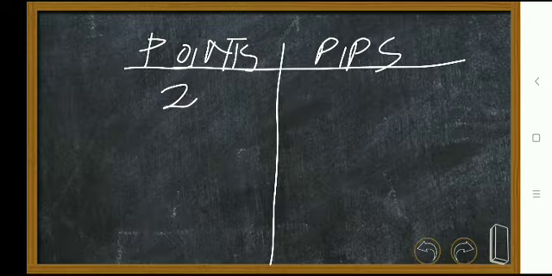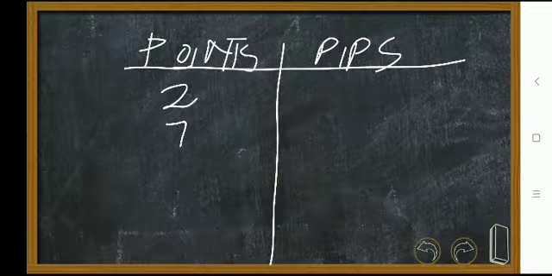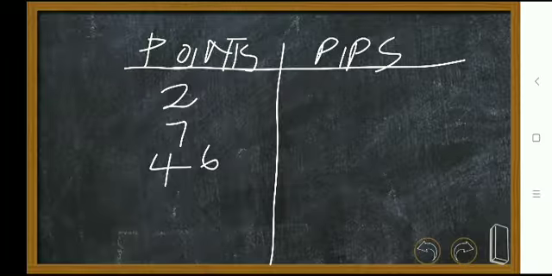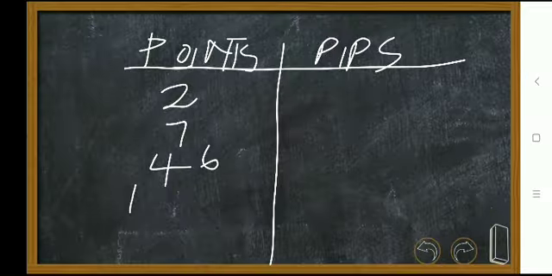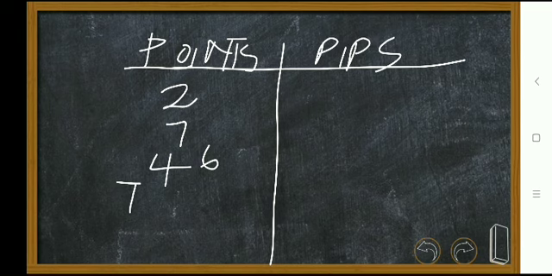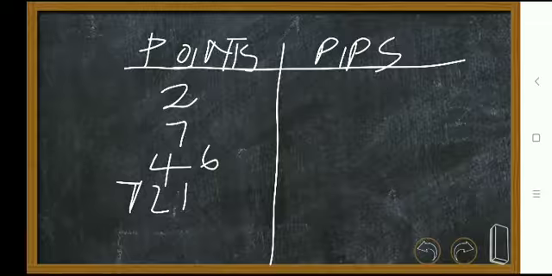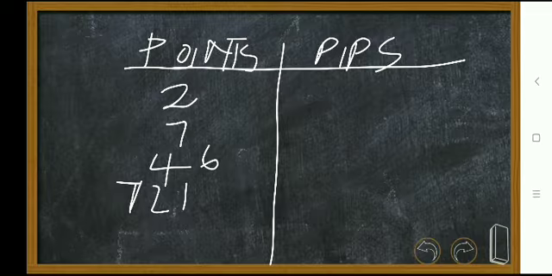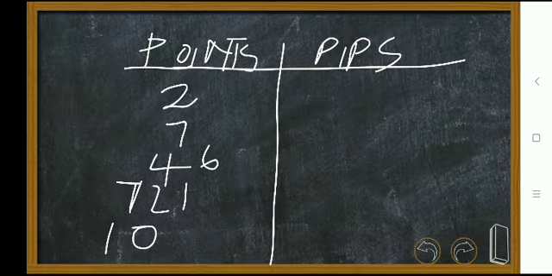Say 2, say 7, say 46. This time go with 721. I'm just selecting random numbers here. Let's say 1024.